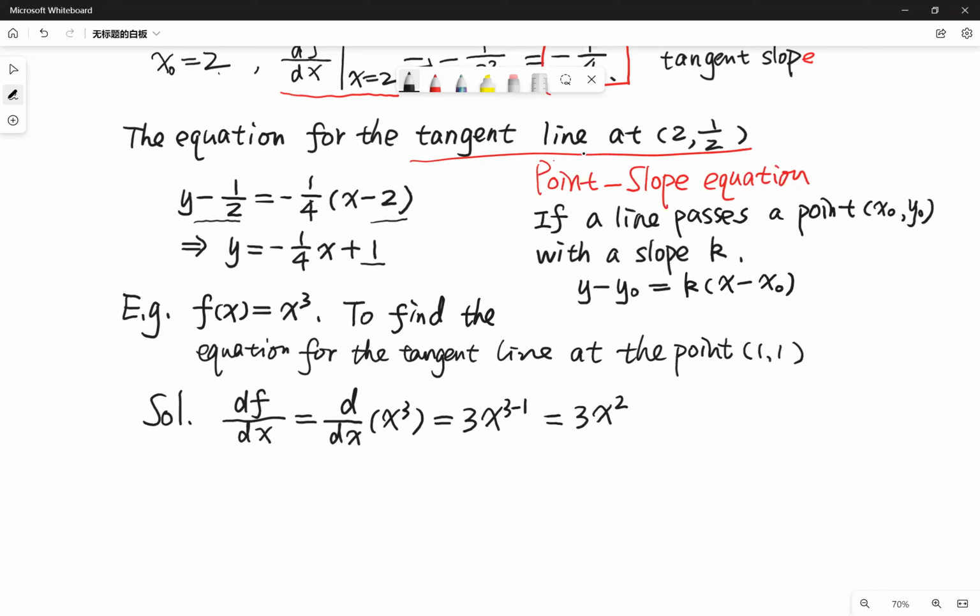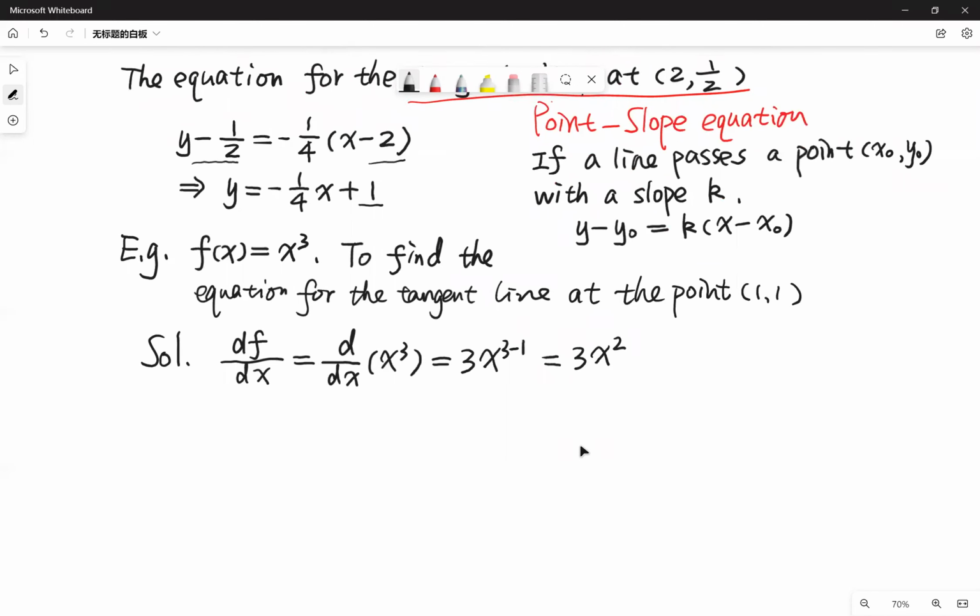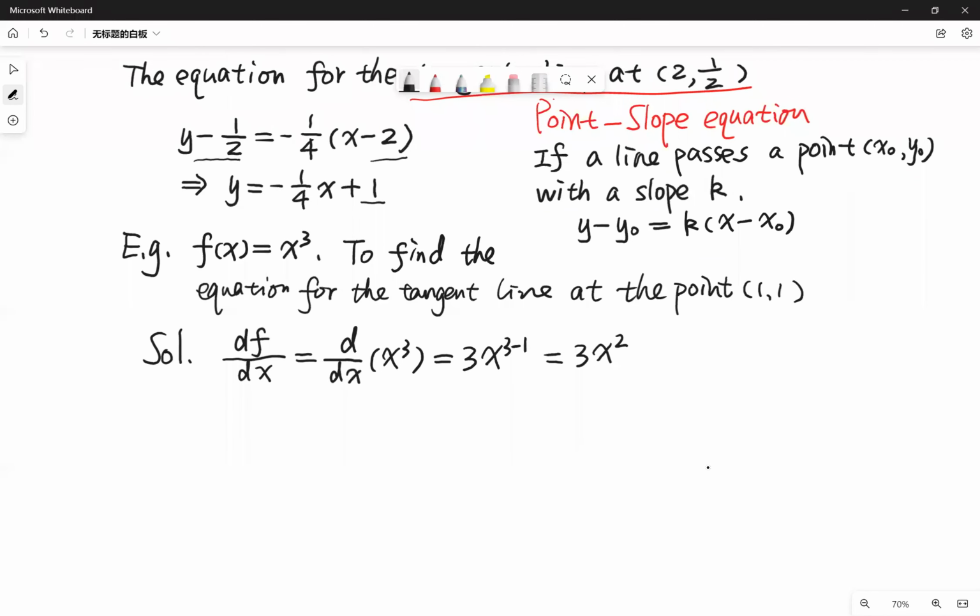So this is the first step. We calculate the derivative of this function, and we know the tangent slope. f prime of 1, df by dx at this point where x is equal to 1.